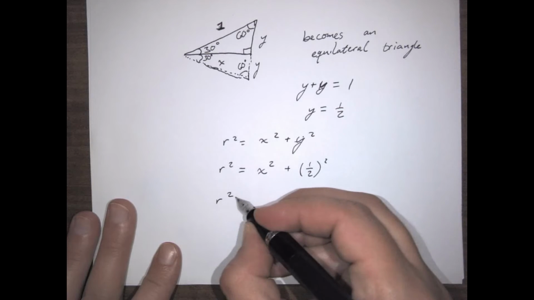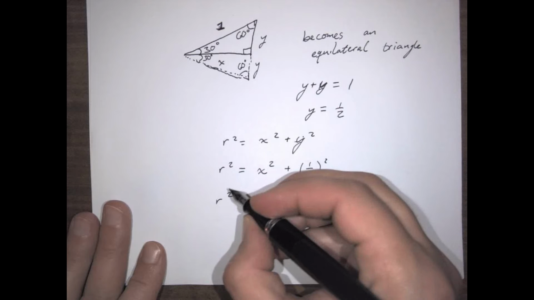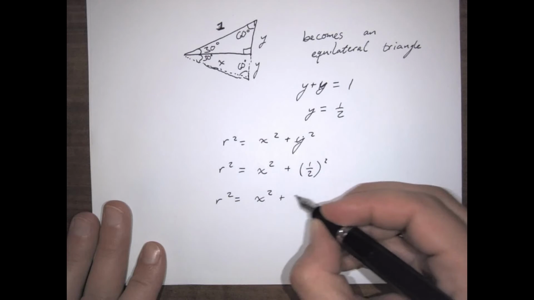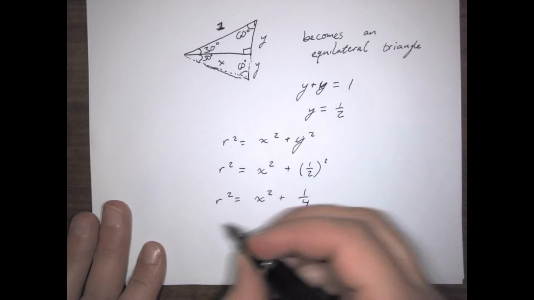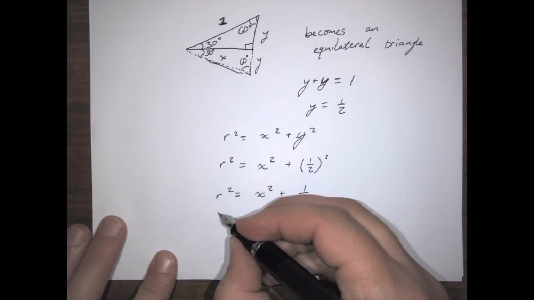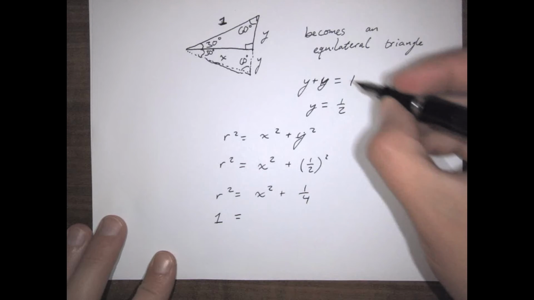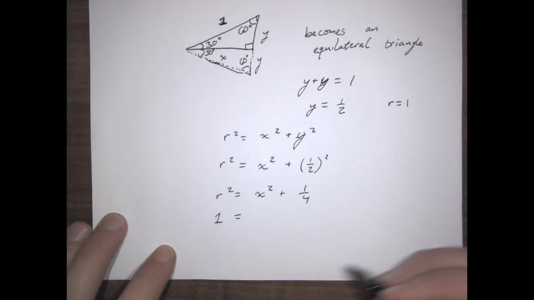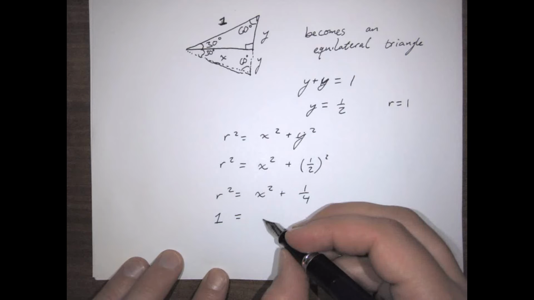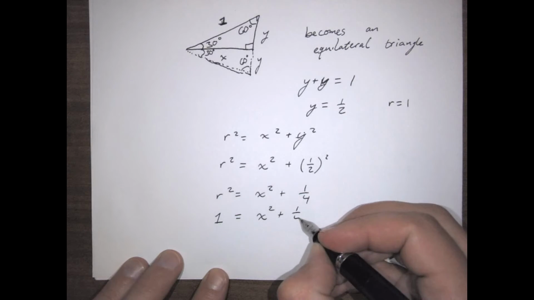Which means that r squared would equal x squared plus 1/4. But wait, r still is known to us. This is still on the unit circle. So that's going to be 1. And so what we have is 1 equals x squared plus 1/4.